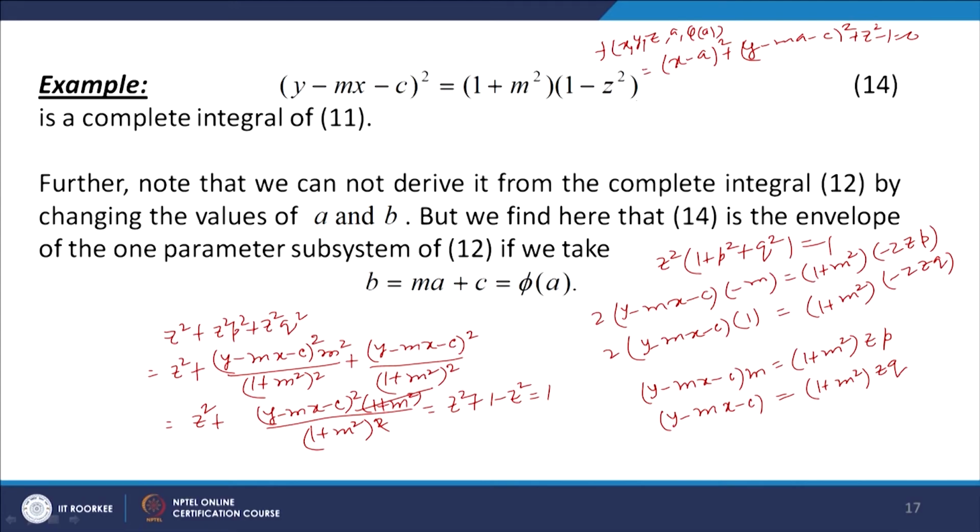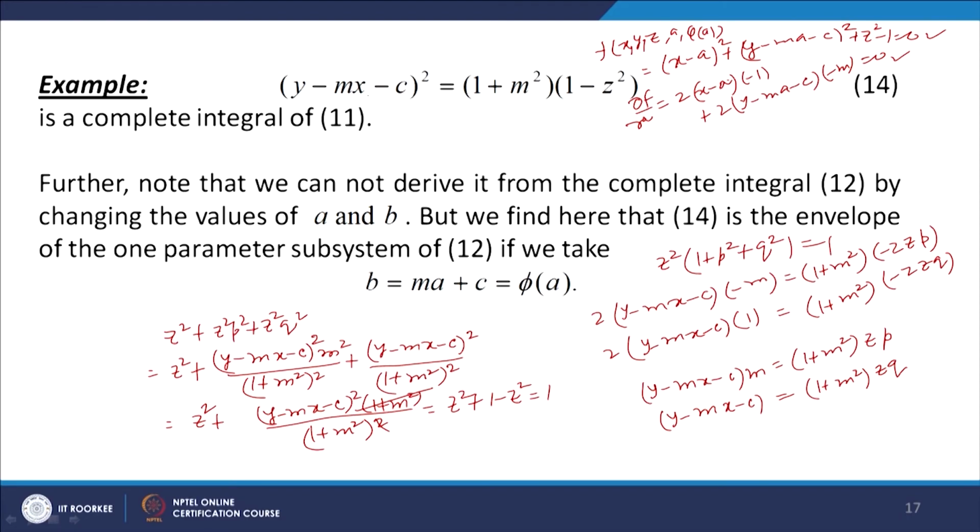When we differentiate with respect to a, we get 2 times x minus a into minus 1 plus 2 times y minus ma minus c into minus m equal to 0. Now, we can eliminate a between this equation and the equation x minus a whole square plus y minus ma minus c whole square plus z square minus 1 equal to 0.